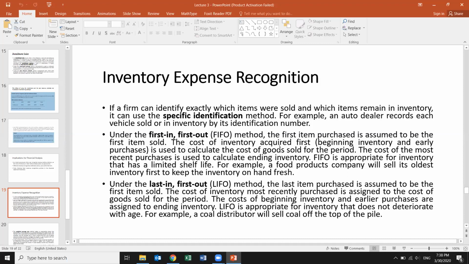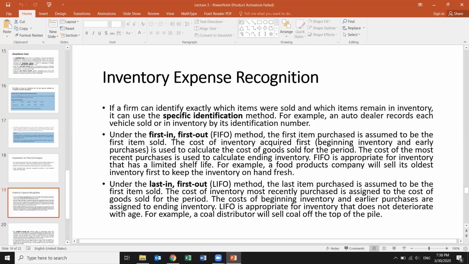But to do that, 3 methods are used. One is FIFO and the other is LIFO, abbreviated as first in, first out, and last in, first out. With FIFO, the items purchased first are the ones that should go first if you are about to sell something from inventory.